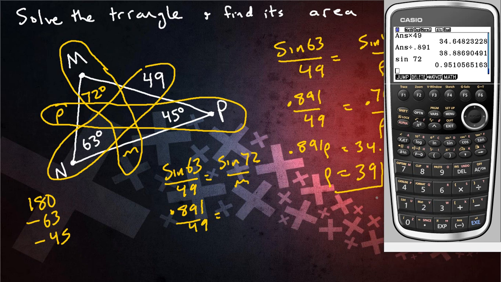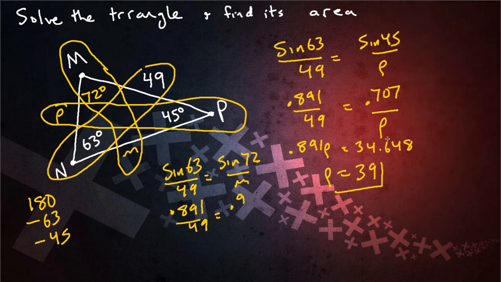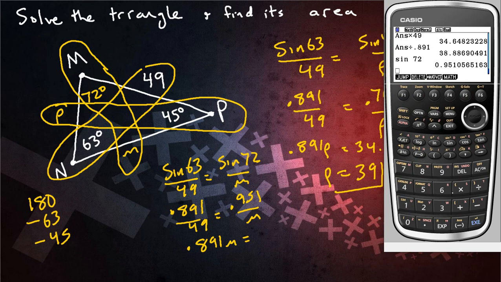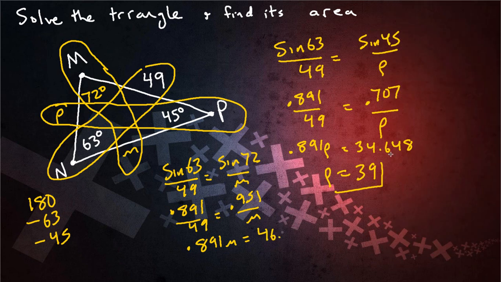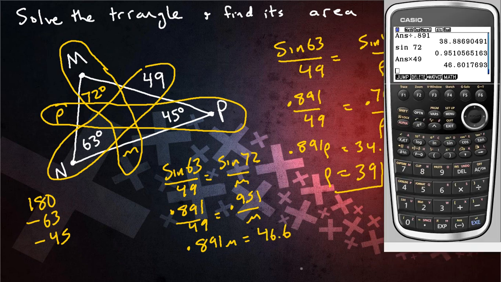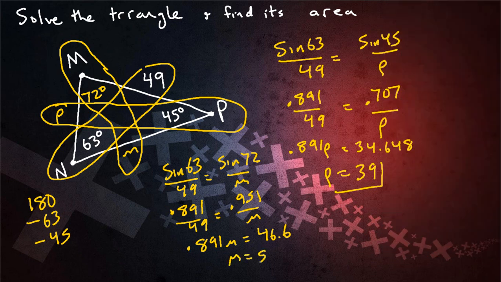And we get 0.951. Cross multiply. And times 49. So 46.6. We'll divide by 0.891. And we get 52 about, so M is 52.